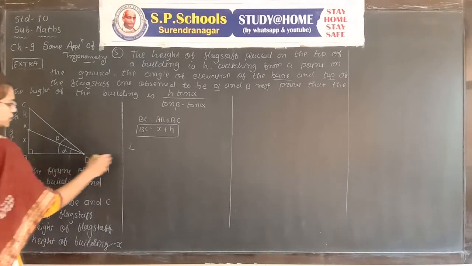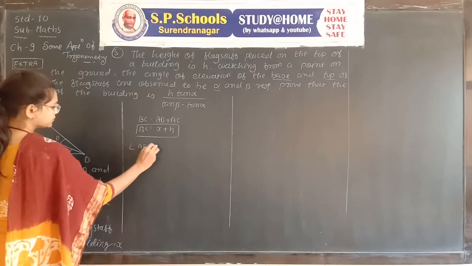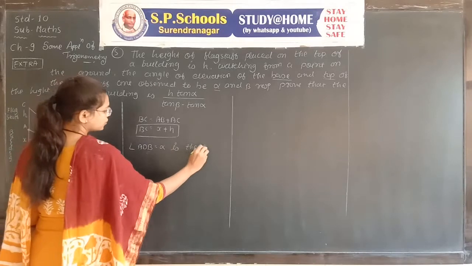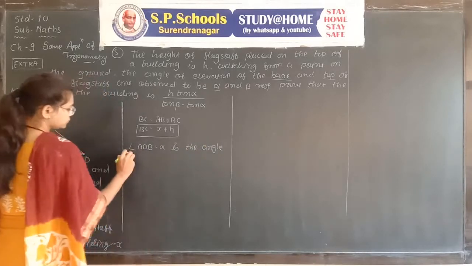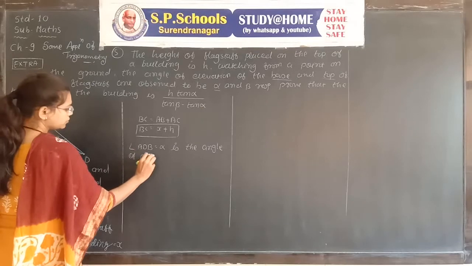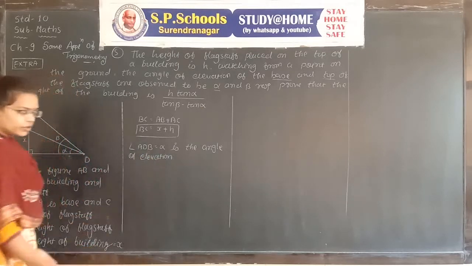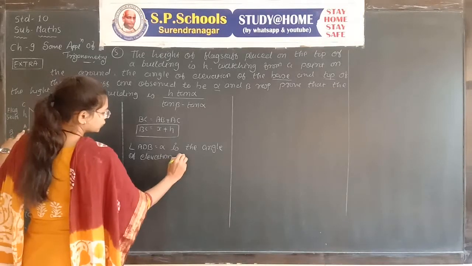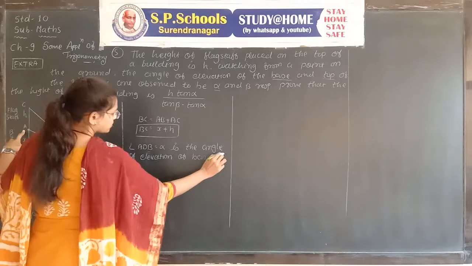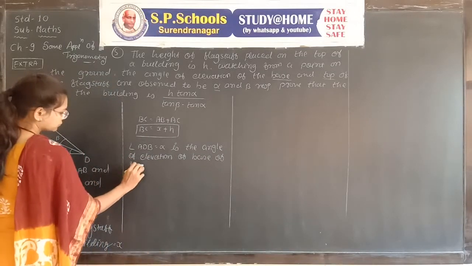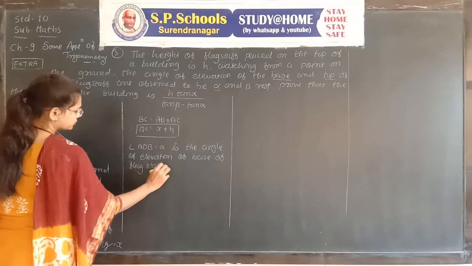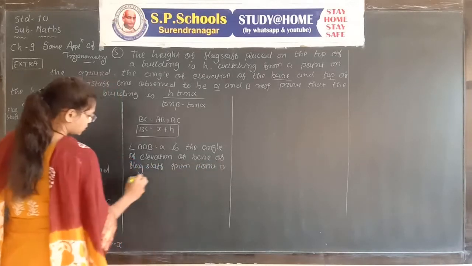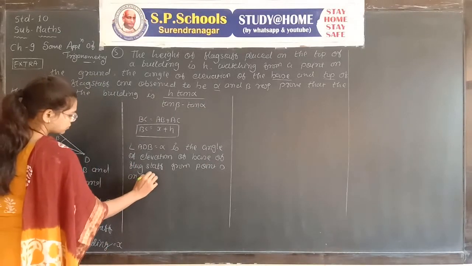Angle ADB is equal to alpha, is the angle of elevation of base of flagstaff from point D on ground.